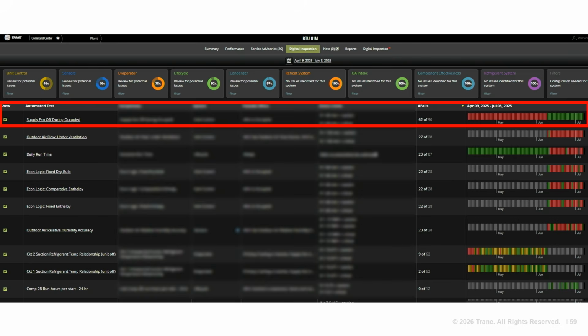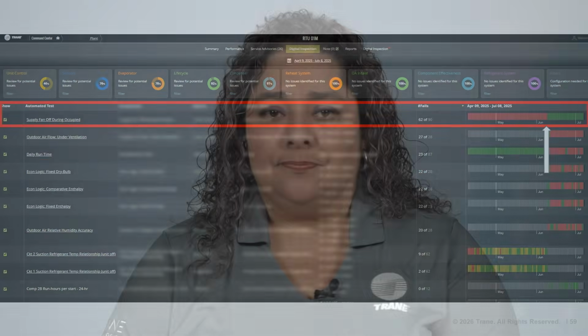This means that during an occupied time, the supply fan was off in several instances. We can see that 62 of 90 tests failed during the last 3 months. On the right side, we can see that sometime early June, the test started continuously passing. In this case, the service technician had identified this issue digitally and was able to make some changes to the system remotely to make sure that the supply fan is on during occupied times.